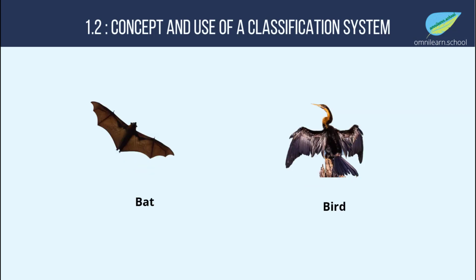Look at the bat and the bird. They do share similar morphological structures. Does this mean that the bat and the bird have a close evolutionary relationship by sharing a recent common ancestor?